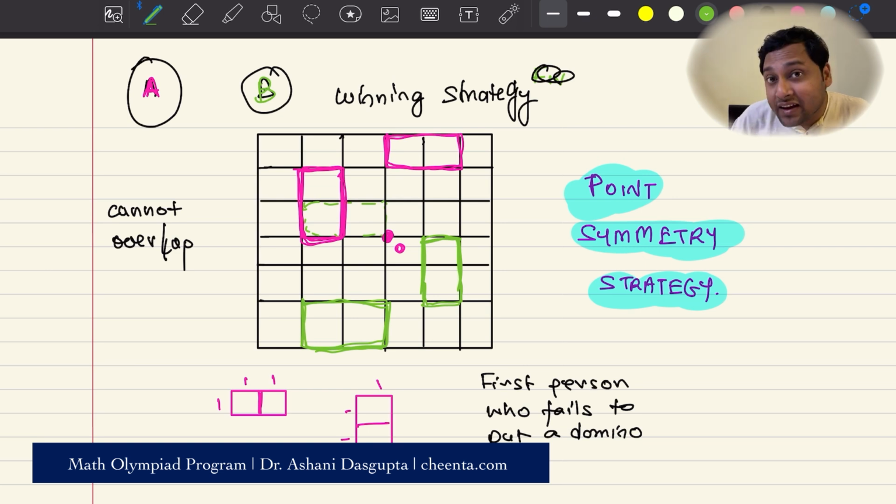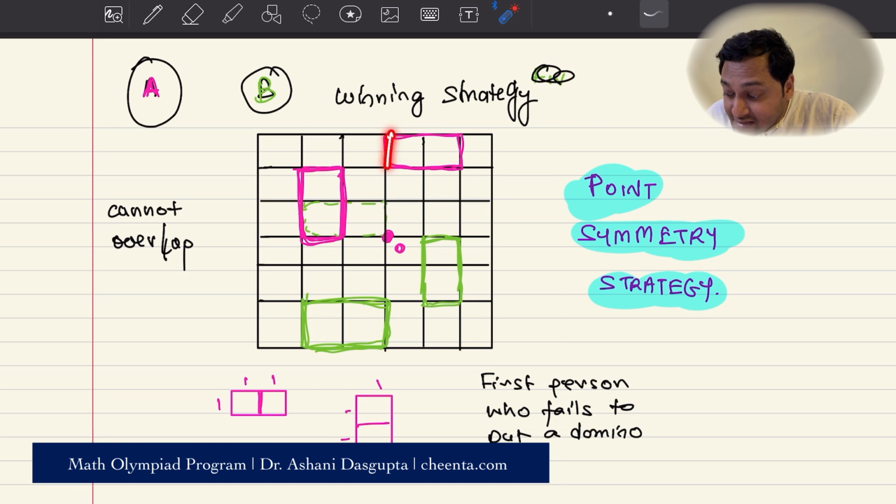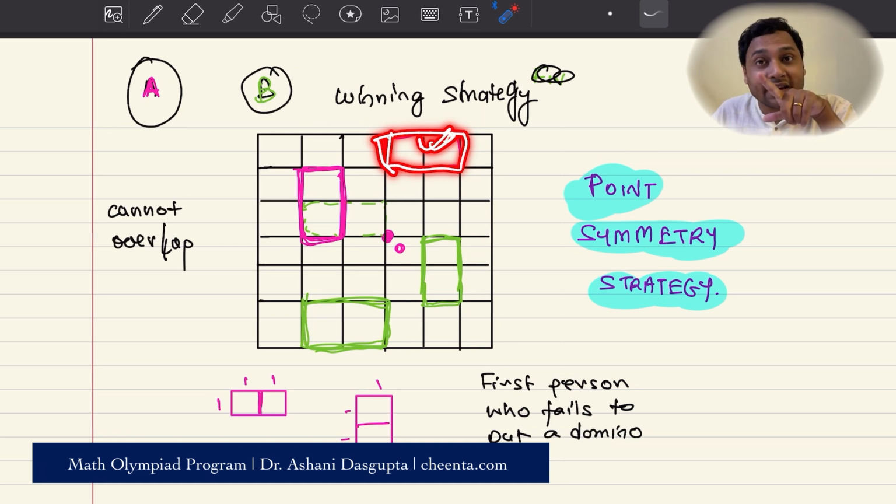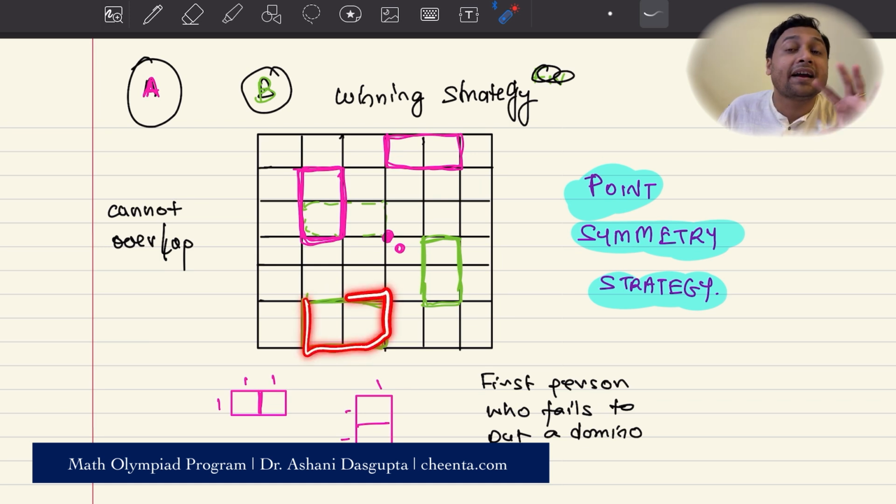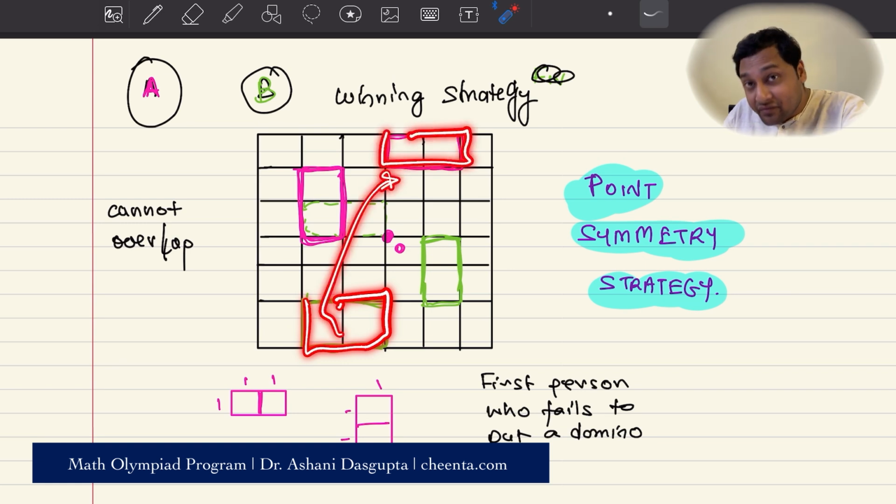Nothing is there in the reflection, because if there was something here, then in the previous step there would have been something here, but that place was empty. That's why the pink player could draw it there. The only way the reflected place is occupied by a green domino is if in the previous step the original spot has been occupied by some pink domino.